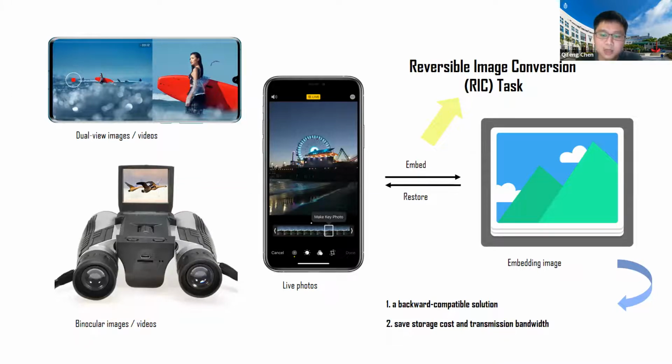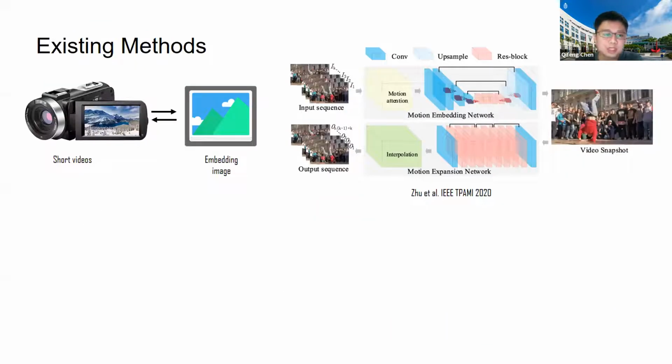That's backward compatible, and at the same time, because it's just an image, it can save the storage cost and is easy to share. So there's some existing work called Video Snapshot. It can perform the conversion between short video and embedding image.